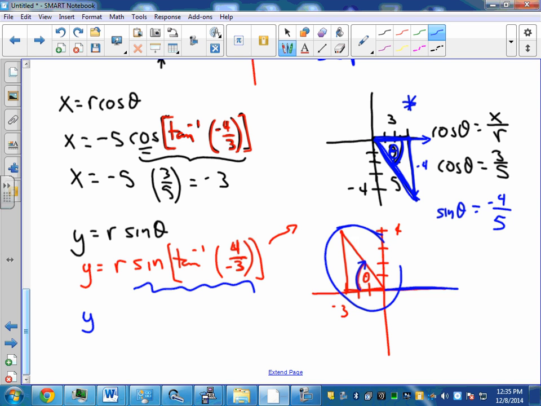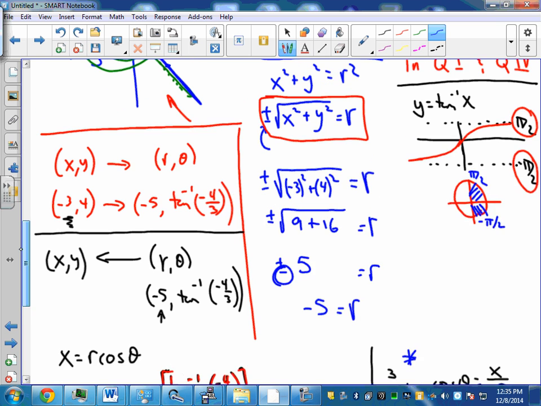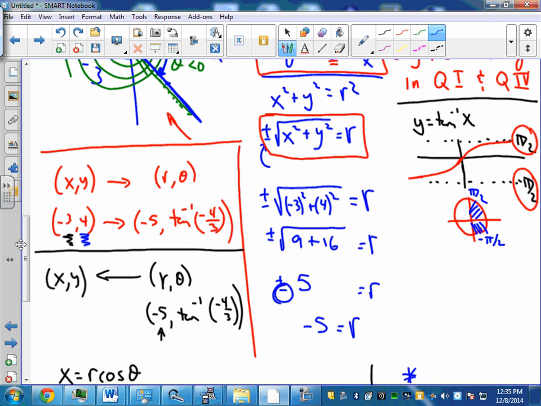So y is going to be... sorry, r was -5. We said that. So -5 times -4/5, and the -5's cancel, and we get 4, which matches with what we had up here, right? Y was equal to 4. Okay, difficult problem because it was a non-standard angle.